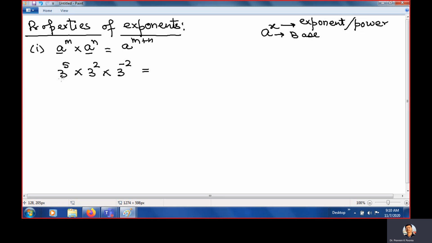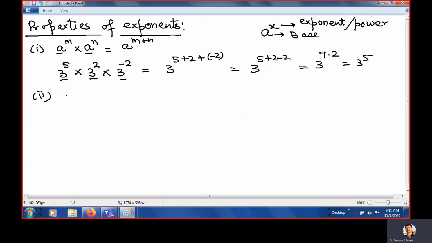The bases are all 3, so the powers are always added: 5 plus 2 plus minus 2. So how much is the answer? 3 power 5. This is property number 1.